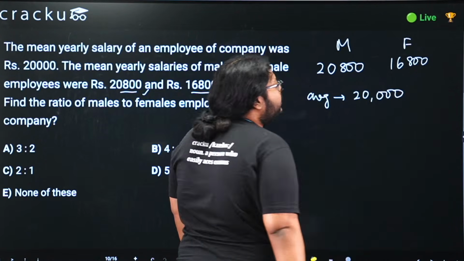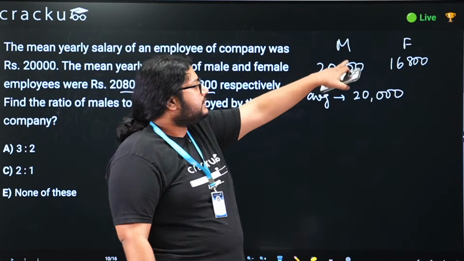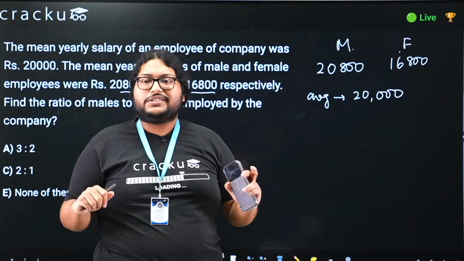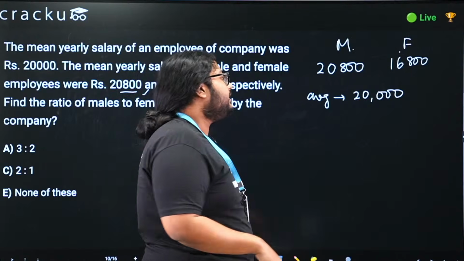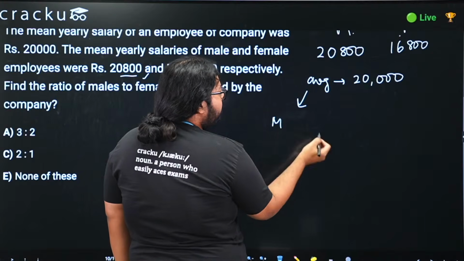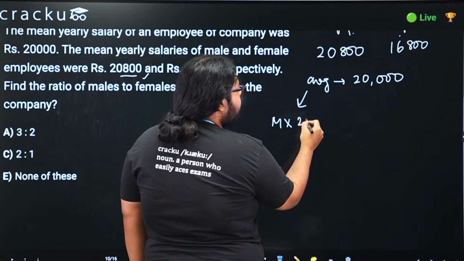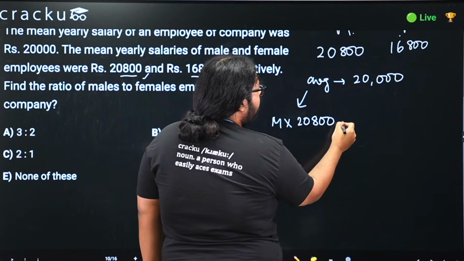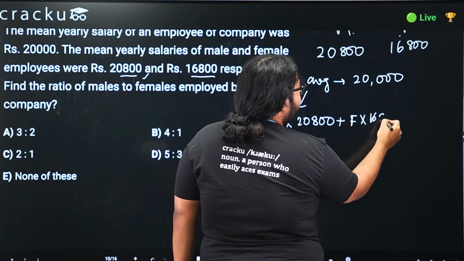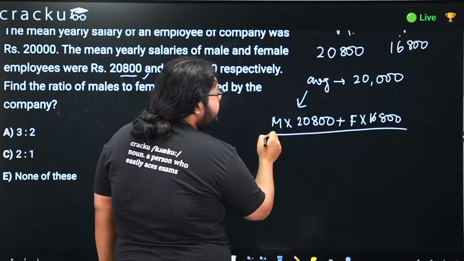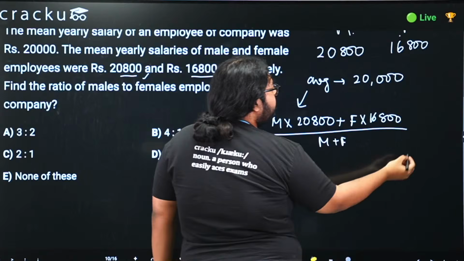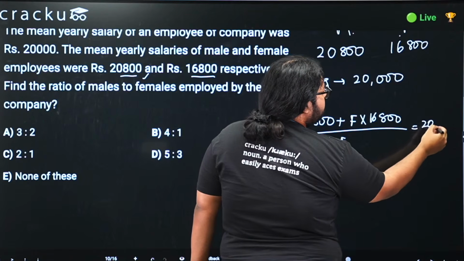So how do we go about this? Combined average means this is also included, this is also included. Clear question of weighted averages, right? So what will be the average? The average will be number of males times average salary of each male plus number of females times average salary of each female, divided by the total number, which is M plus F, and this should give me 20,000.